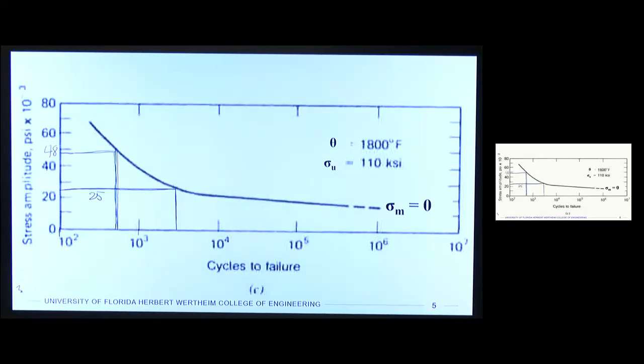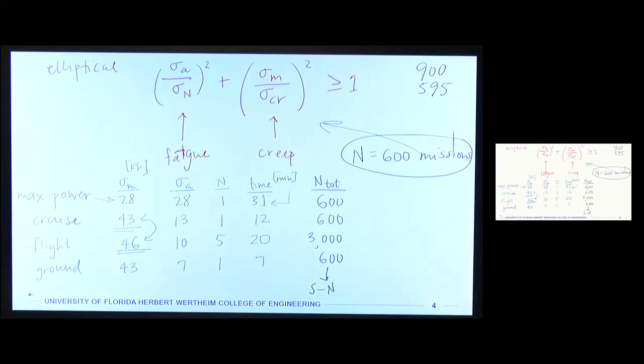Okay, so that's our sigma n. So sigma n for that number of cycles was 48, 25, 48.